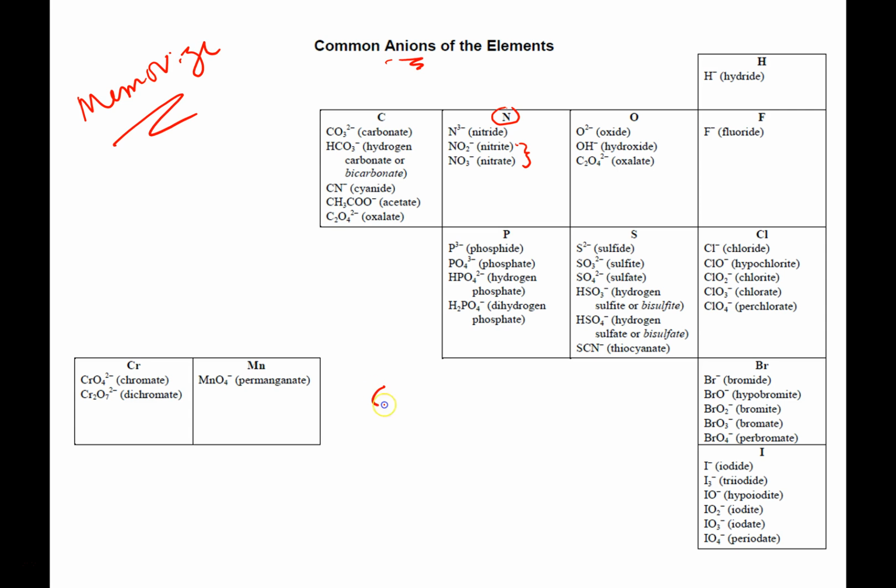Now, there are 2 polyatomic cations, and they go like this. First off, NH4 plus. What's the name of that? It is ammonium, not to be confused with NH3, which is ammonia.